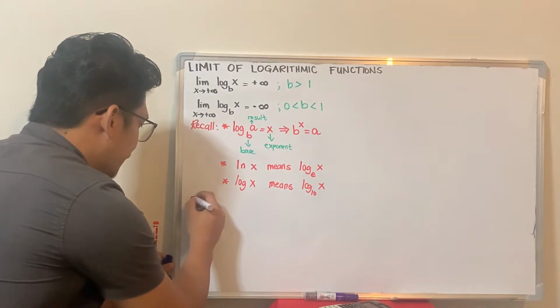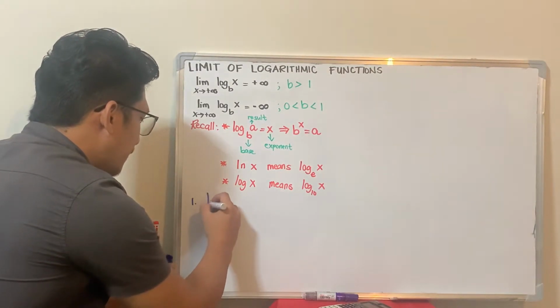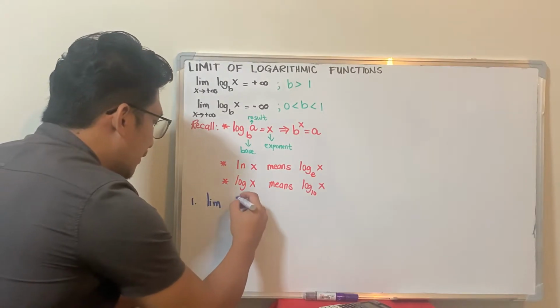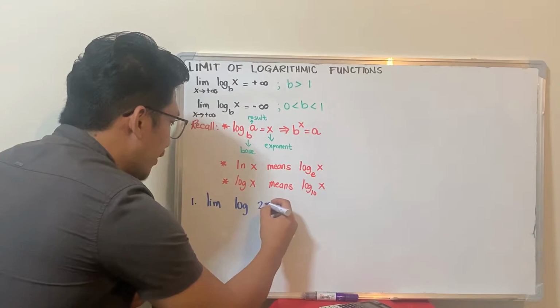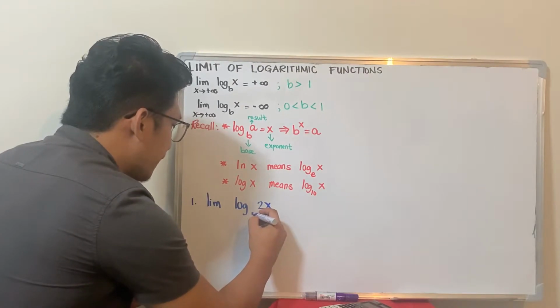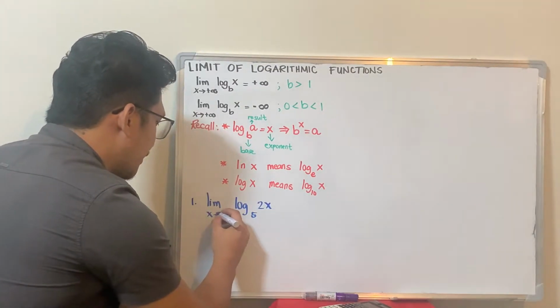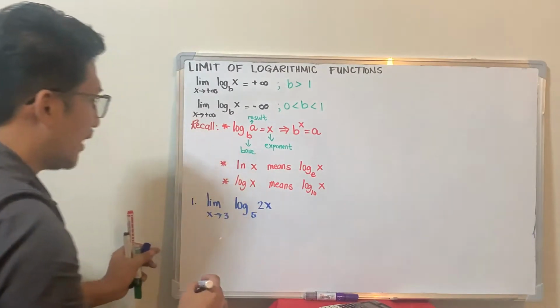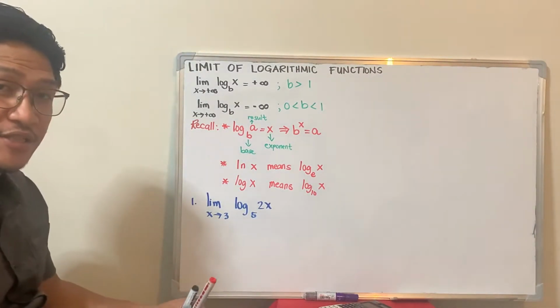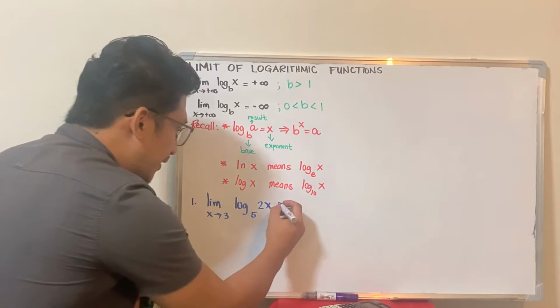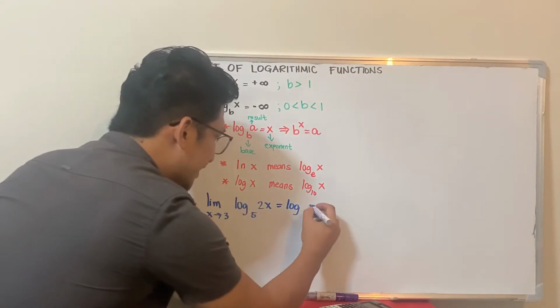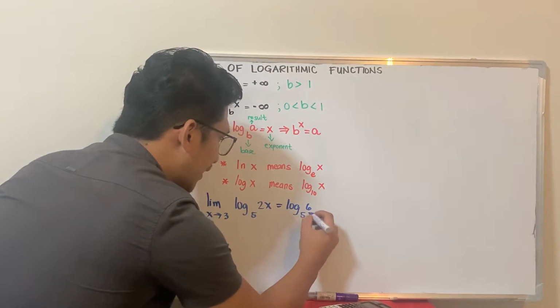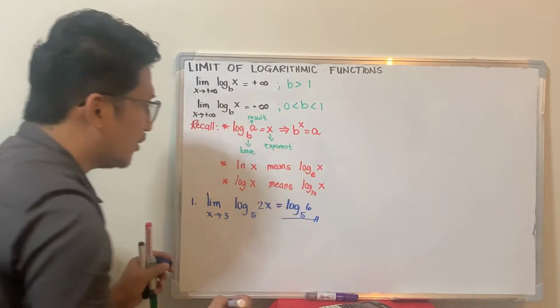Number 1, first example: if you are to find the limit of, let's say, the logarithm of 2x base 5 as x approaches 3, what you will do is simply substitute. Simple substitution, this becomes the logarithm of 2 times 3, which is 6, base 5. And that's it. Okay? That is the answer.